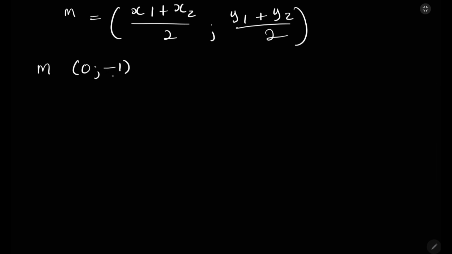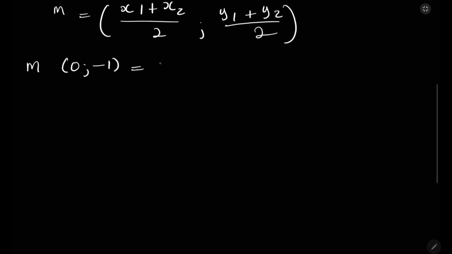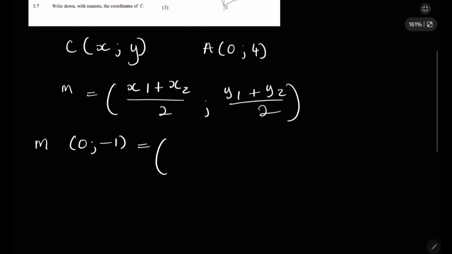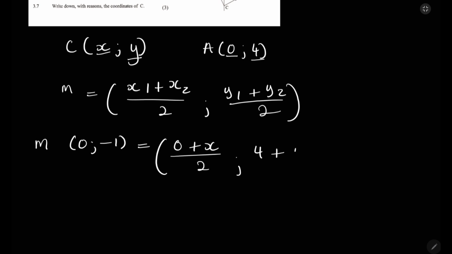So this is basically 0 and -1 is equal to x1 plus x2 over 2. Now let's substitute the unknown. This will be x1, which is 0, plus x2, which is x, over 2. We then have y1, which is 4, plus, remember to label your points, y2, which is y. These are the unknown points.